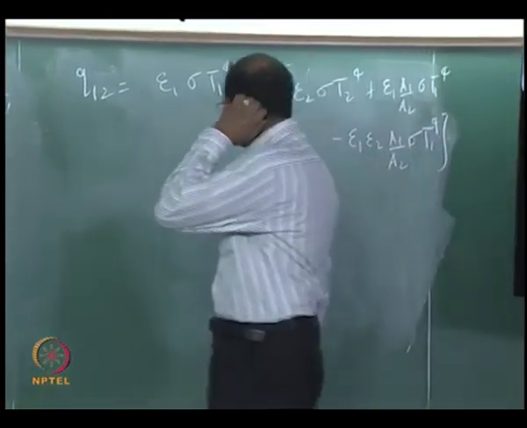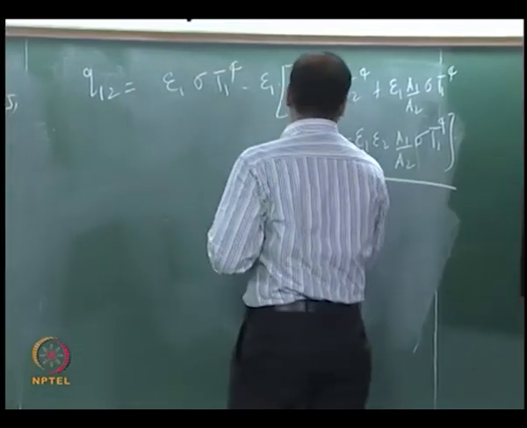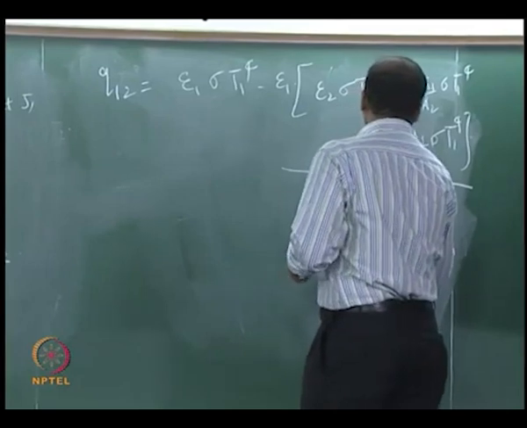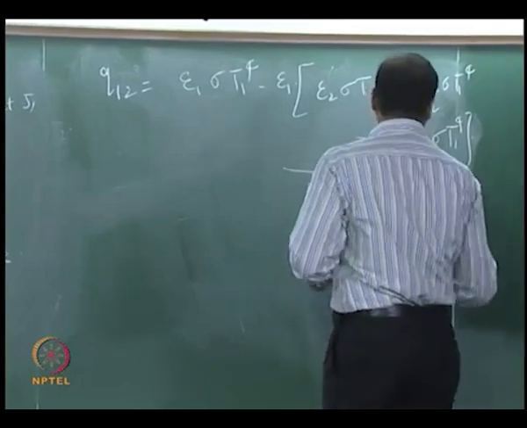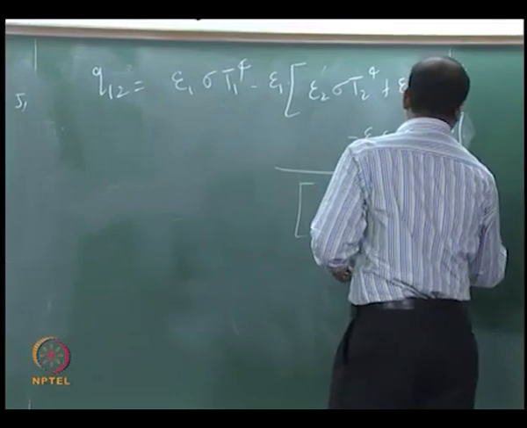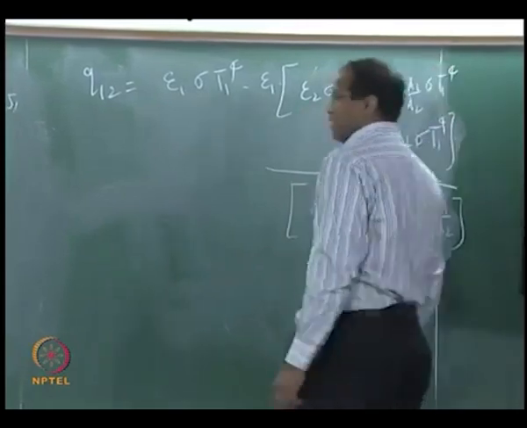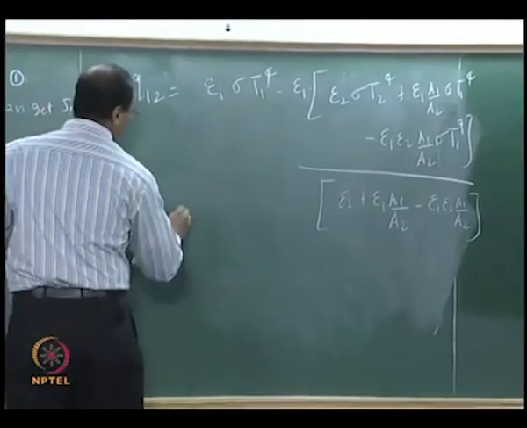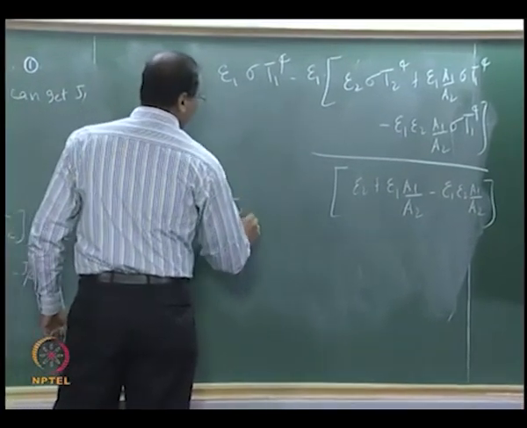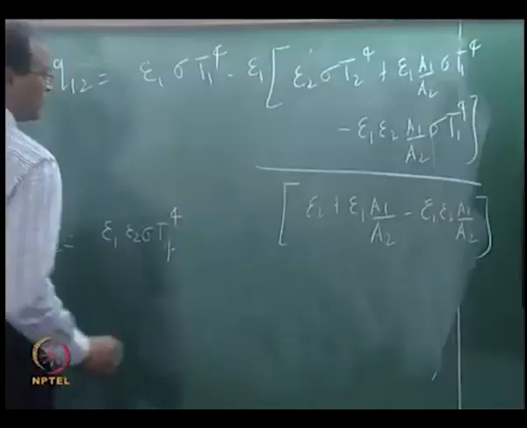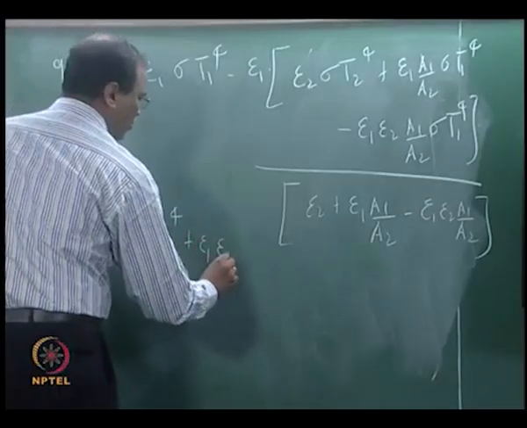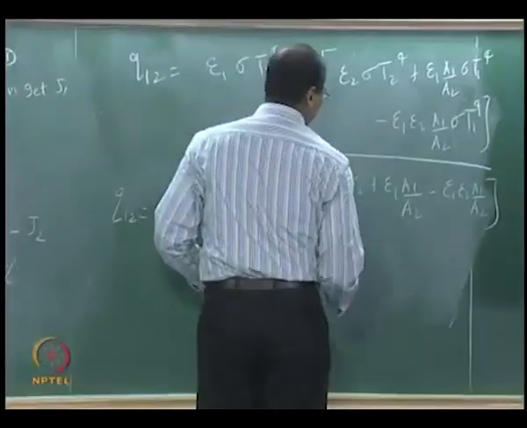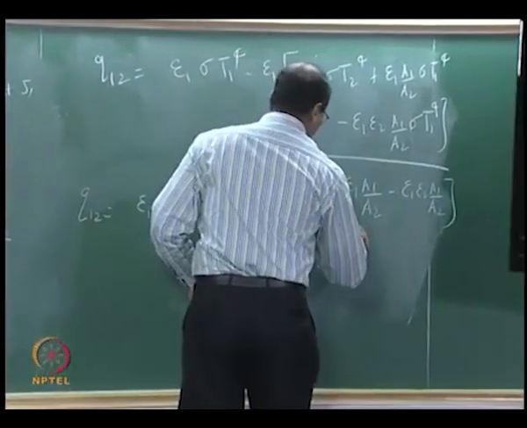This correct? Divided by Q12, epsilon 1 epsilon 2 sigma T1 to the power of 4 plus epsilon 1 epsilon 2 A1 by A2 sigma T1 to the power of 4 minus epsilon 1 epsilon 2 A1 by A2.